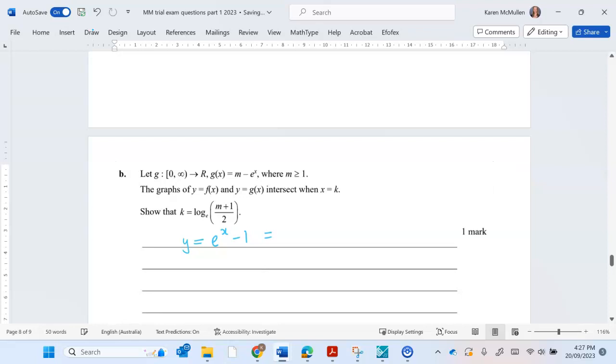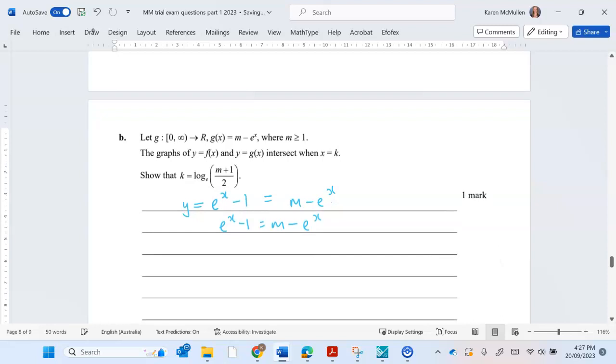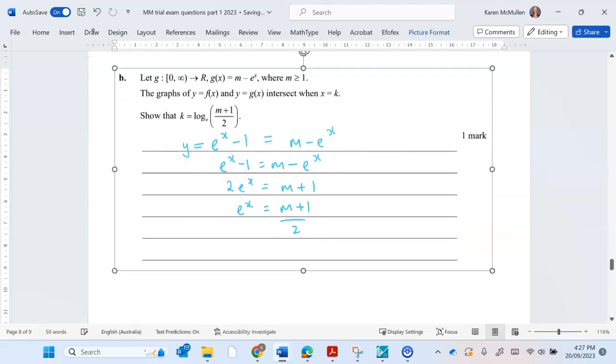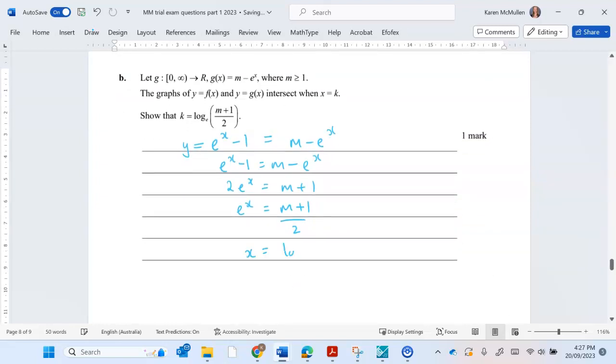And g of x is m minus e to the x. All right, so let's just let them equal each other. So we've got 2e to the x equals m plus 1. e to the x equals m plus 1 over 2. And then x equals log base e of m plus 1 over 2.